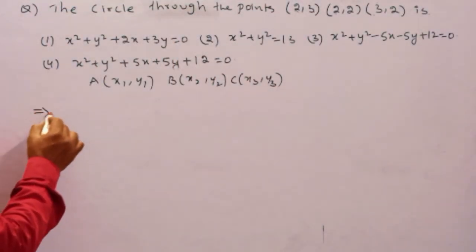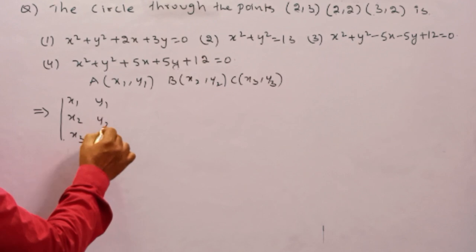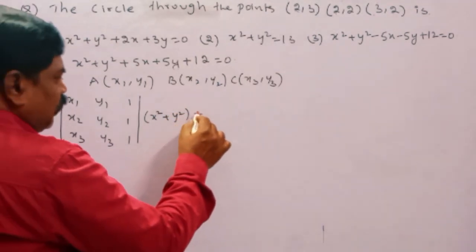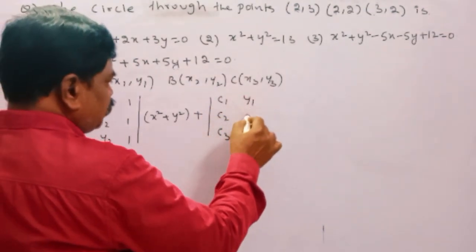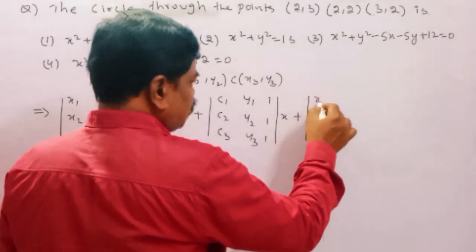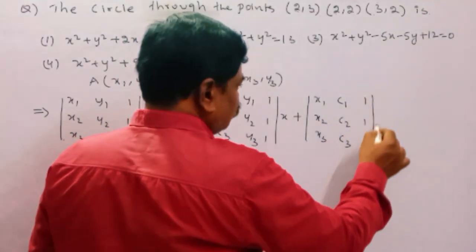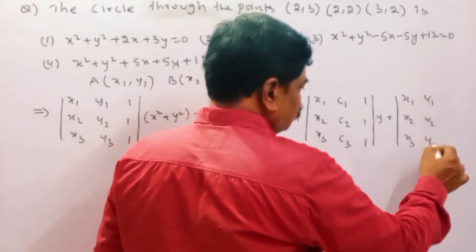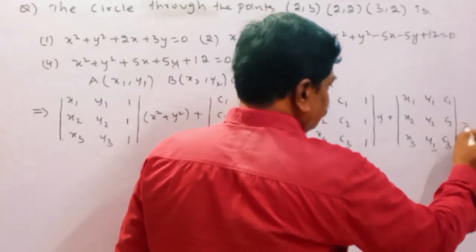You see, the circle equation is: determinant of x1, x2, x3; y1, y2, y3; 1, 1, 1 times (x square plus y square), plus determinant of c1, c2, c3; y1, y2, y3; 1, 1, 1 times x, plus determinant of x1, x2, x3; c1, c2, c3; 1, 1, 1 times y, plus determinant of x1, x2, x3; y1, y2, y3; c1, c2, c3, equal to 0.